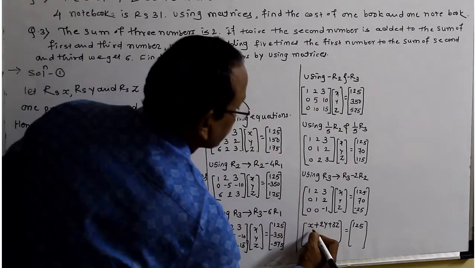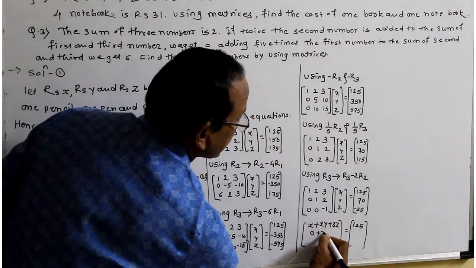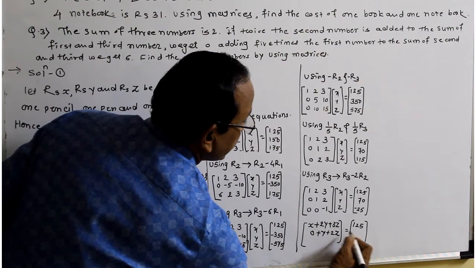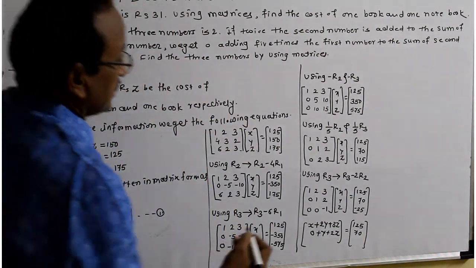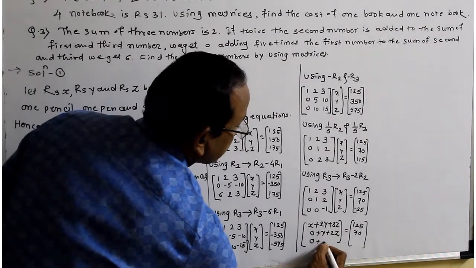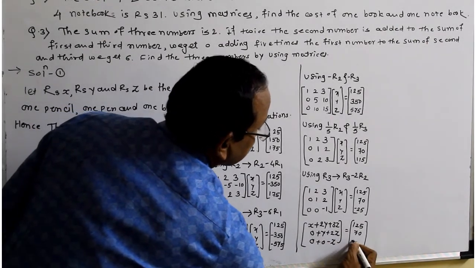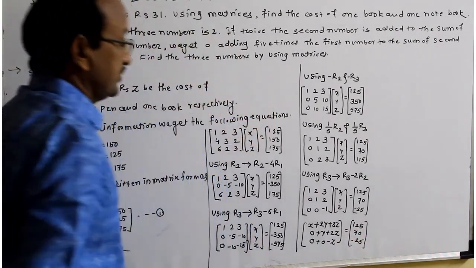Then 0 plus y plus 2z is equal to 70. Then 0 plus 0 minus z is minus 25.